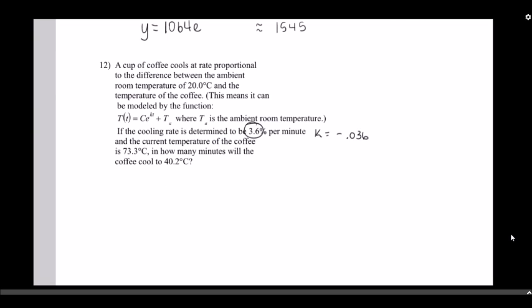The temperature when time equals 0 is equal to 73.3 degrees. That's equal to C e to the negative 0.036 times 0 plus the ambient room temperature here in the formula, which is 20 degrees Celsius.